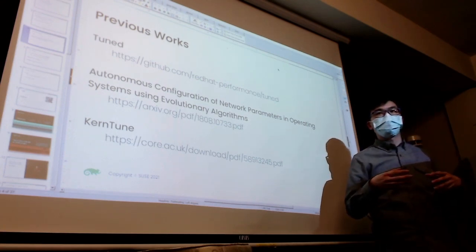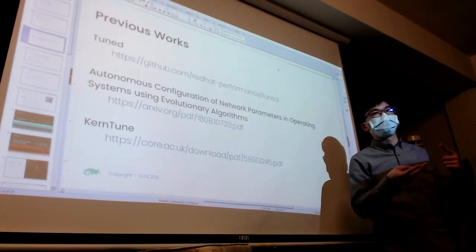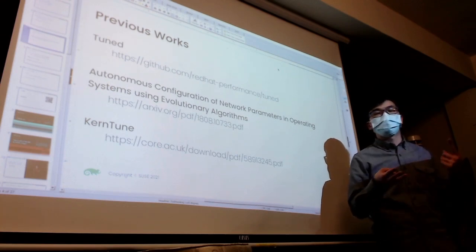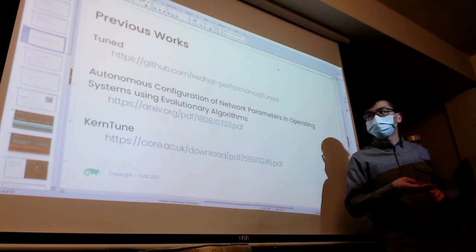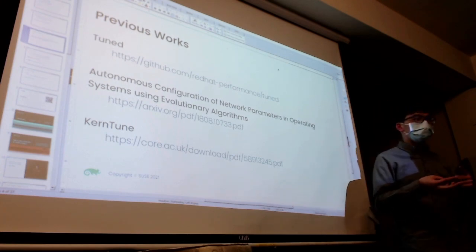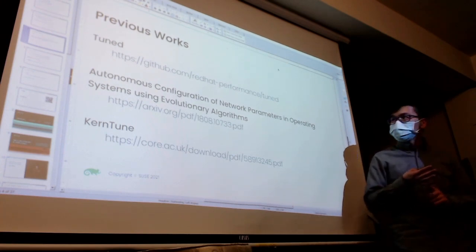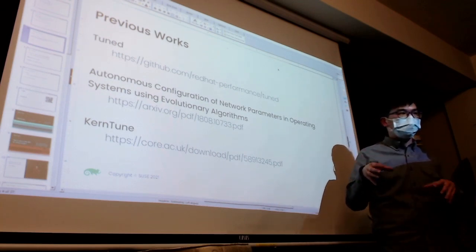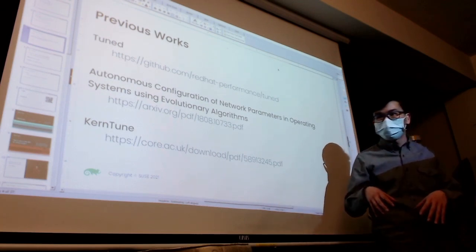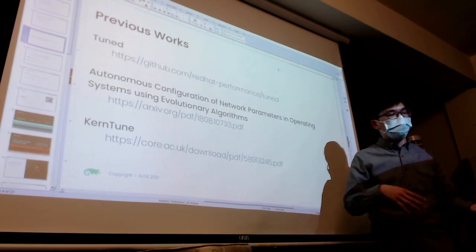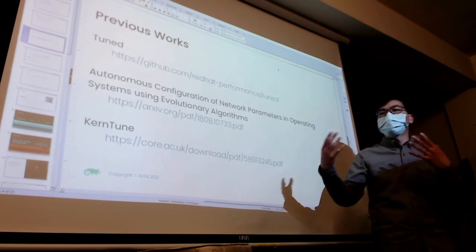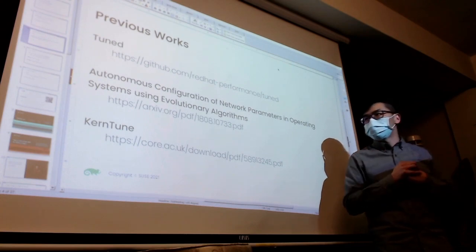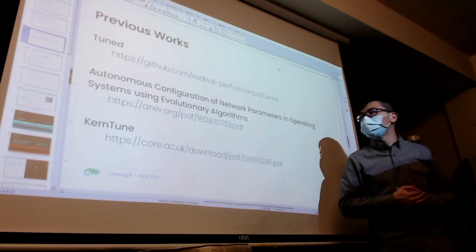For example, there's network throughput, network latency, or system throughput. So you basically choose one of these profiles and TuneD will set all these parameters to some predetermined setting. And once it's set, it doesn't change it. It doesn't look at the system and update it. It just uses some constant values.